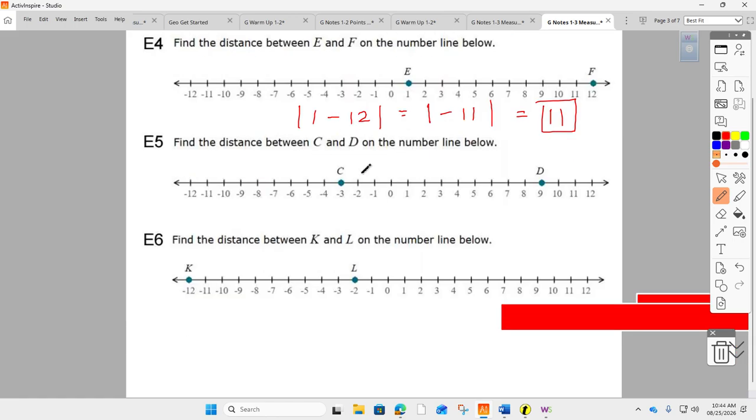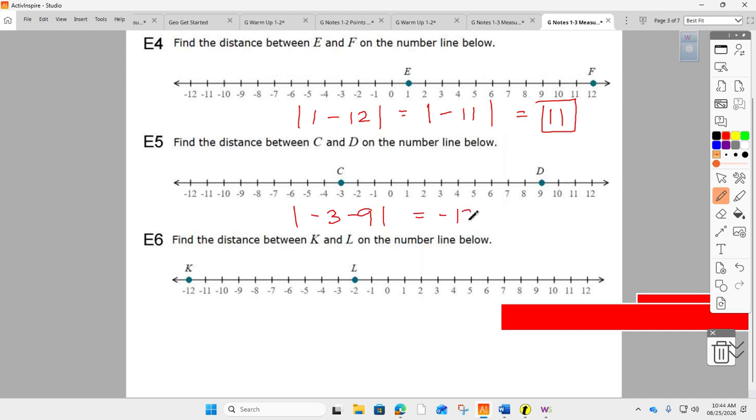So they've labeled point C, they've labeled point D. We're going to plug it into our formula. Use your calculator. Remember, it's got a negative button on it or an opposite button on it. So 3 plus minus button minus 9, you should get negative 12.